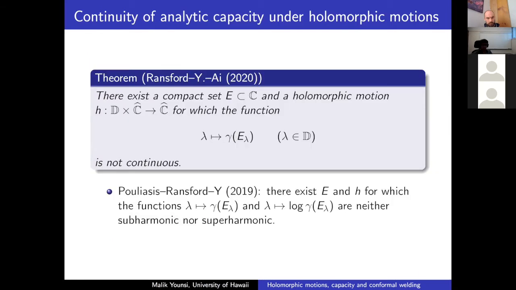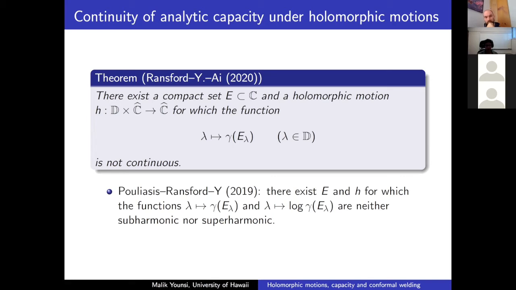And this result is actually, you can think of it as a supplement to an earlier result that we proved together with Stamatis. We showed that there exists E and h for which the function's capacity and also the logarithm of the analytic capacity are not subharmonic and also not superharmonic. So that's a related earlier result.